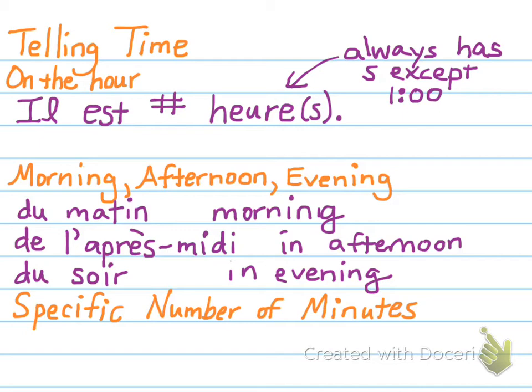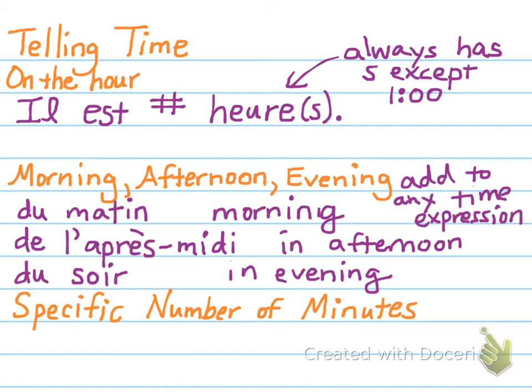If I wanted to say it's 10 at night, I would say il est 10h du soir. So again, I can add these to any of my time expressions to be more specific about whether it's in the morning, afternoon, or evening.